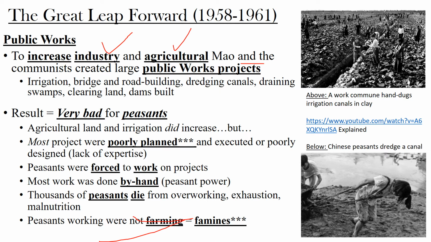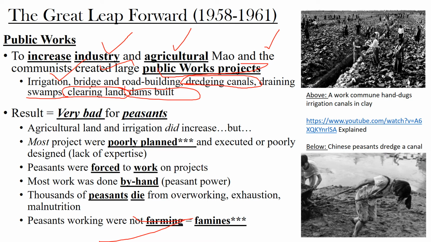Large, massive public works projects: irrigation systems, bridge and road building, dredging out canals so the water flows properly, draining swamps to create more farmland, clearing land of forests, and building dams to provide hydroelectricity and to control the water. And arguably, these are all great ideas. If done right, this could have really helped China. Yeah, this will help farming to have irrigation systems and to control floodwaters and all of that stuff.